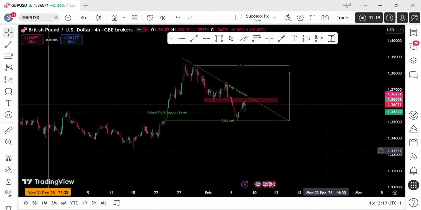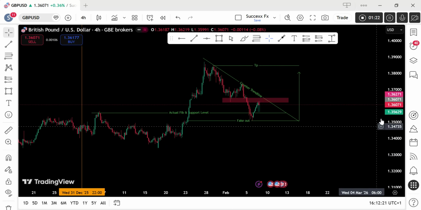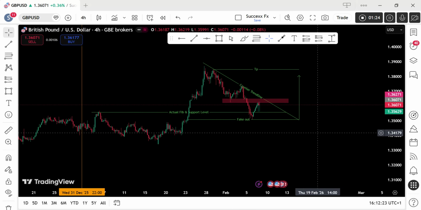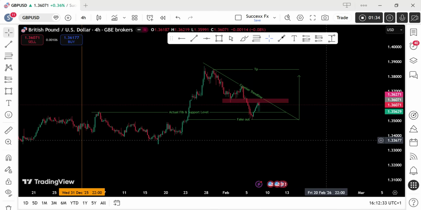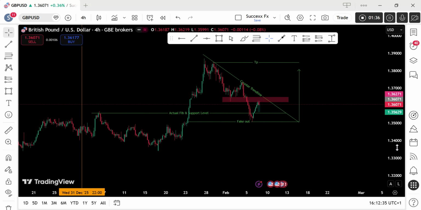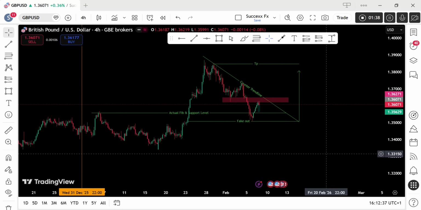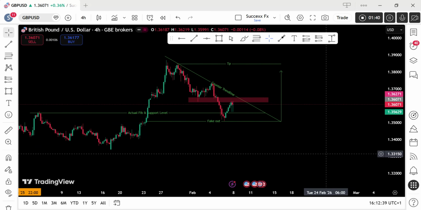As many of you already know, I'm mostly focused on GBPUSD because I'm a firm believer that it's best to just trade one currency pair. Most people trade multiple pairs, but for me personally, I like to stick to one pair. It helps me to build patience, consistency, and mastery.